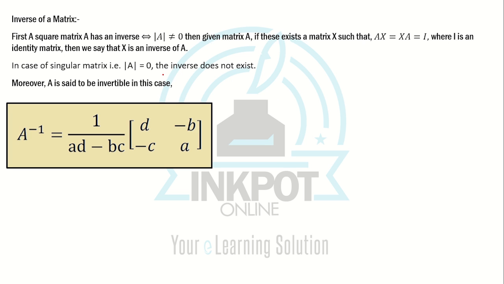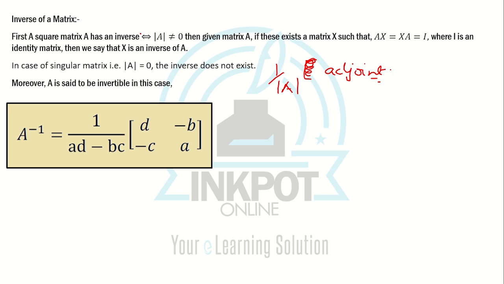So the inverse of the matrix is equivalent to 1 upon the determinant of the matrix times the adjoint of the matrix. First, if your square matrix has an inverse, the first thing that you need to check with any matrix is whether or not the inverse itself exists.